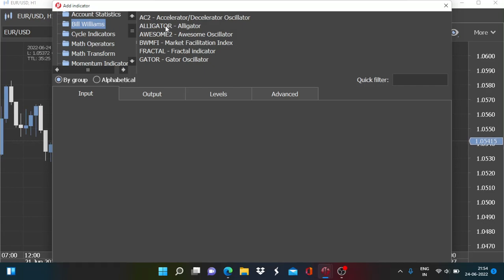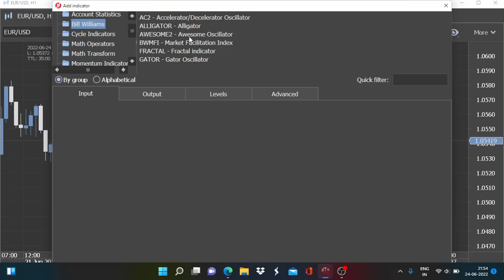So in the Bill Williams indicator series, we have these 6 indicators starting from acceleration, deceleration, oscillator, and going all the way to the gator oscillator. One by one, I will make you familiar with the functionality of these indicators and how these indicators are calculated and how we can utilize these indicators to look for the optimum entry.